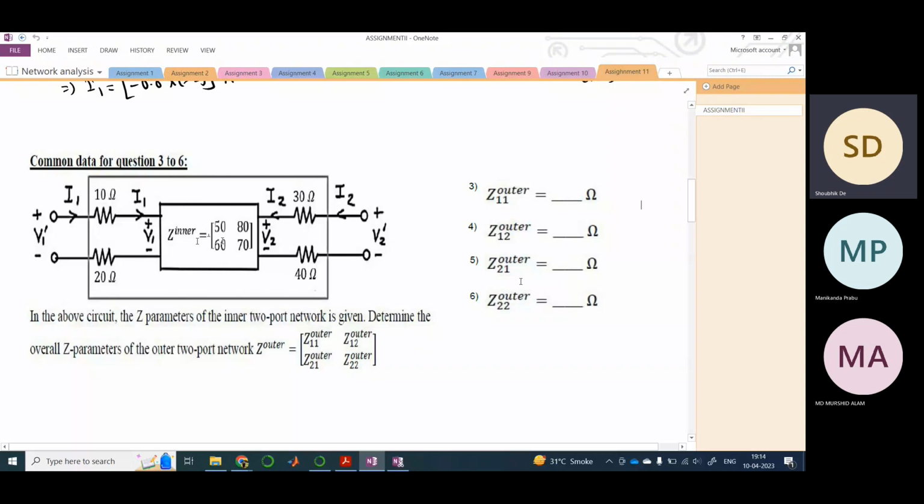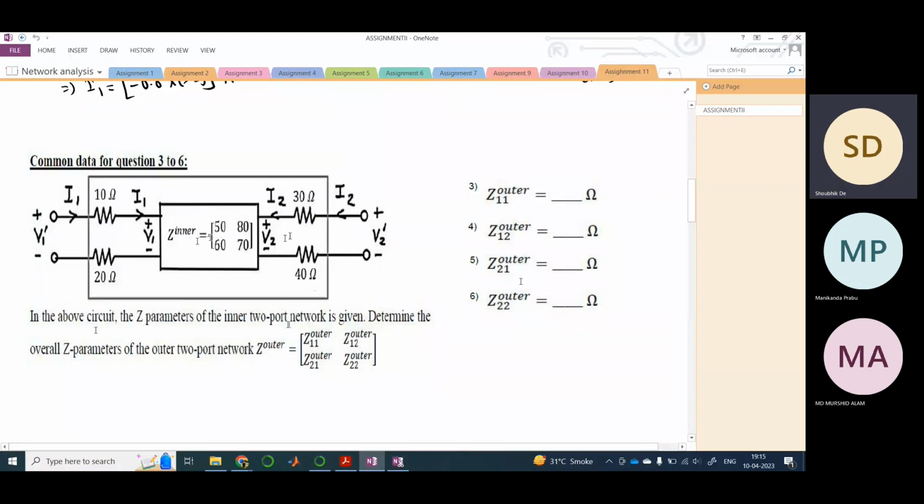Inside, a two port circuit is there. Its Z parameters are given, and on the outside there is another two port network, which is encircled in this box where you see these resistances are given. They have told us that in the above circuit the Z parameters of the inner two port network are given, and we need to determine the overall Z parameters of the outer two port network.